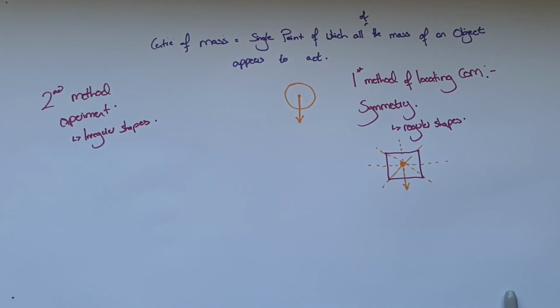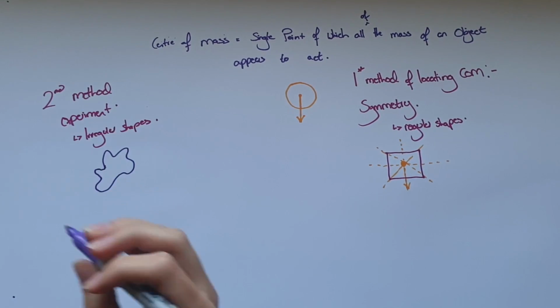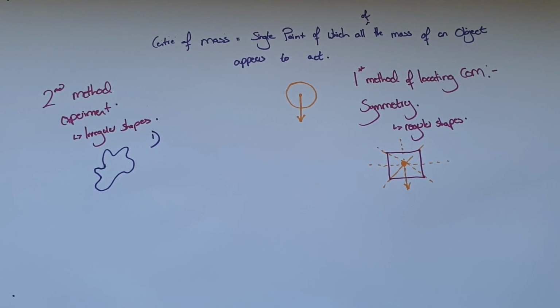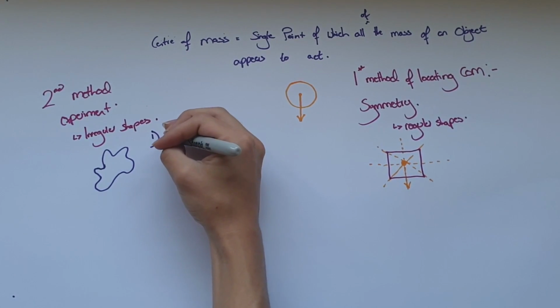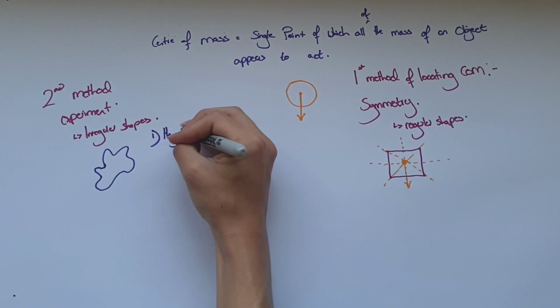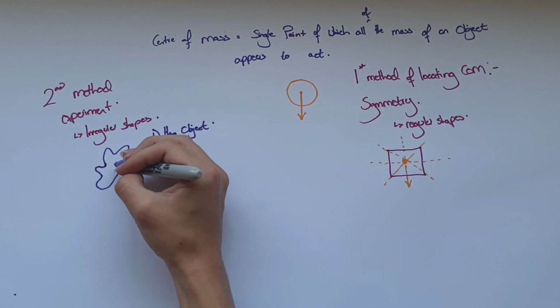So say a weird shape like this. That's really weird. But what you'd do, number one, is hang the object freely, suspended from a ceiling or something like that, with a bit of string attached to it, and just let it come to rest.